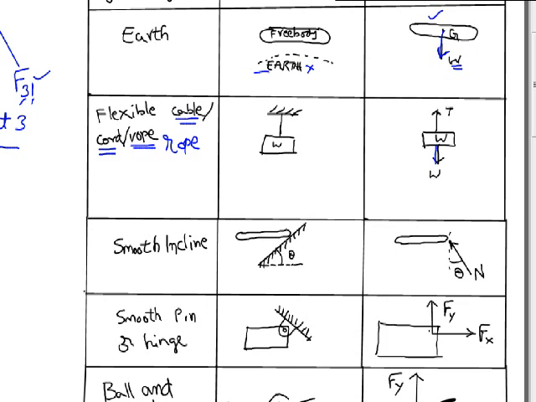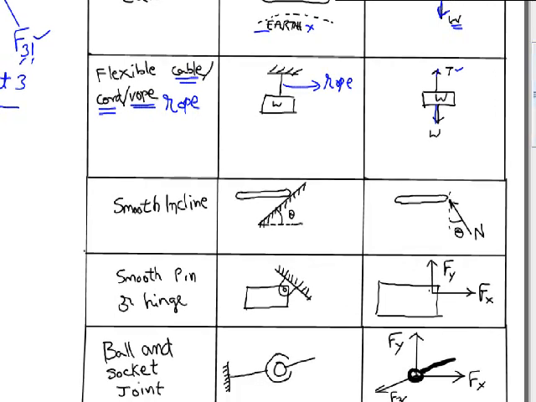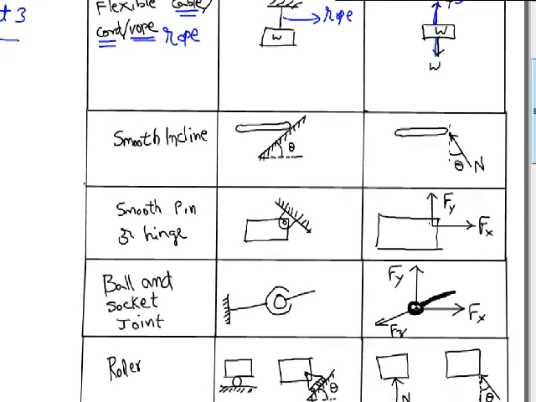If you have an object supported by an inclined rope, the tension will be inclined and directed along the direction of the rope. Wherever you see a rope, you have to put a tension in the rope as a force acting on the body, and this direction goes along the direction in which the rope is running.